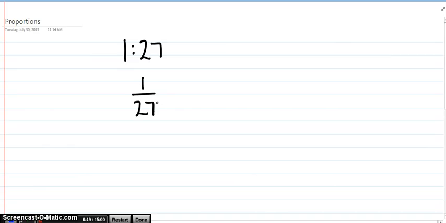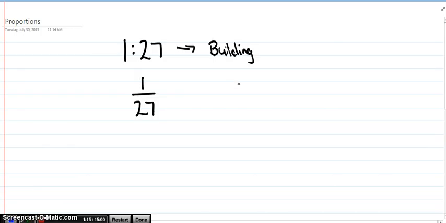Now, let's say that that is the teacher to student ratio for the whole building. So this is the ratio for the whole building.